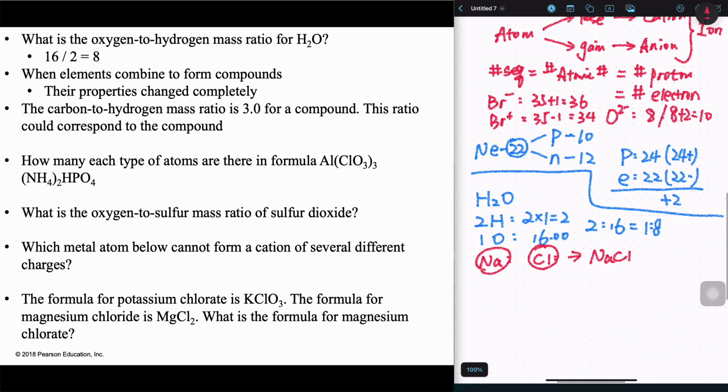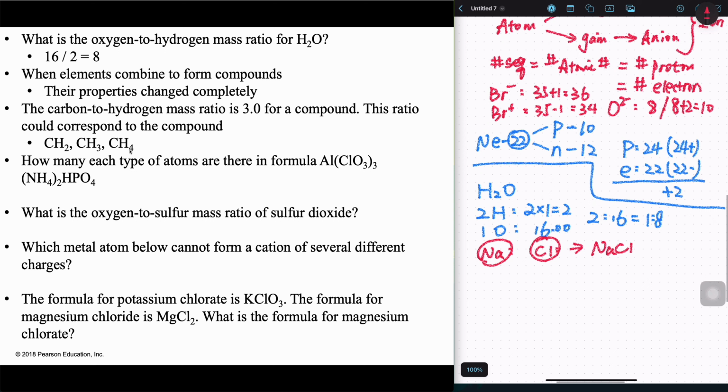Okay, next question. The carbon to hydrogen mass ratio is 3.0 for a compound. This ratio could correspond to which compound: CH2, CH3, or CH4? Now let's calculate one by one. For CH2, one molecule contains 1 carbon and 2 hydrogen.